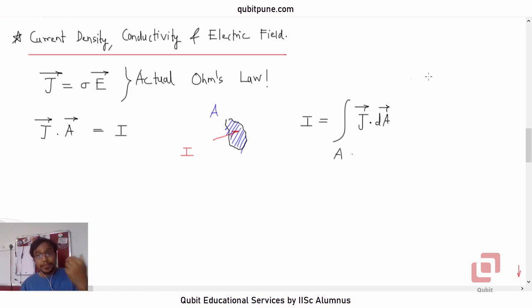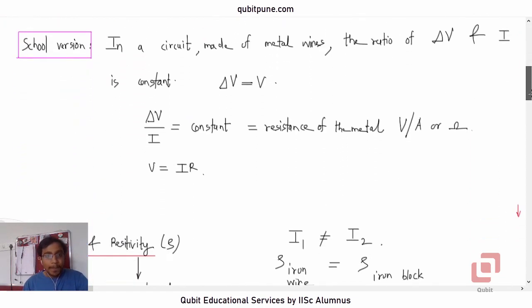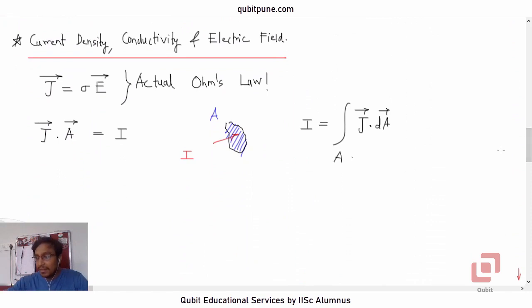At the beginning we mentioned that unless there exists an electric field, the charges cannot move on their own. This electric field, which in this figure is being provided by the battery, also decides how much current will flow in that particular conductor.